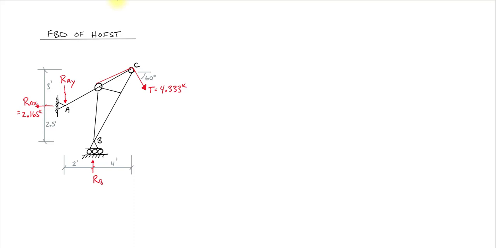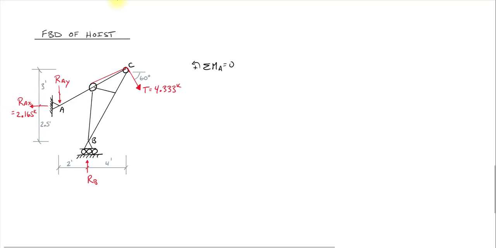Again, I'll say counterclockwise positive. RAY and RAX obviously do not enter into this equation. I have RB, and its perpendicular distance away from A is 2 feet. So I have RB times 2 feet, and that's going to be a counterclockwise moment, so it's going to be positive.